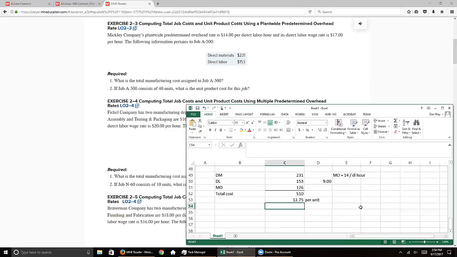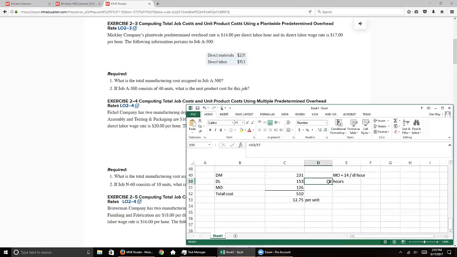$12.75. Wait, how did you get the 9 for the direct labor? Okay, yeah, this was 9 hours, sorry. Yep, 9 hours. So that's the total labor cost of $153 divided by the $17 per hour that I know my labor wage rate to be. So $153 in cost divided by $17 per hour means I must have incurred 9 hours as part of this job.